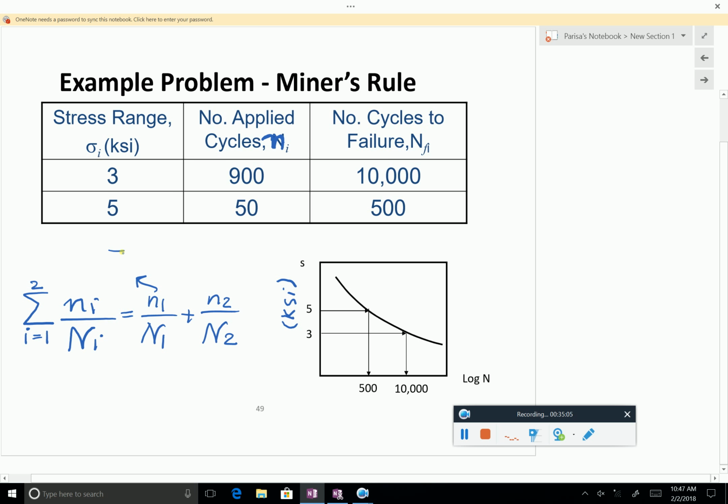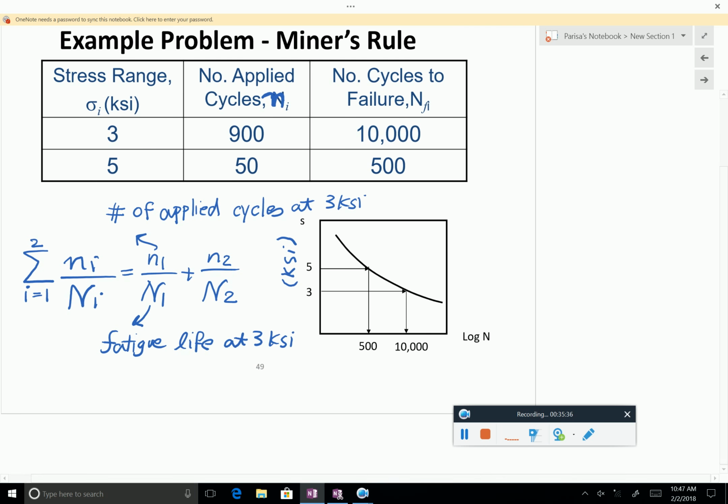This is the number of applied cycles, and this is the fatigue life. Here 1 is at 3 KSI, and 2 is at 5 KSI.